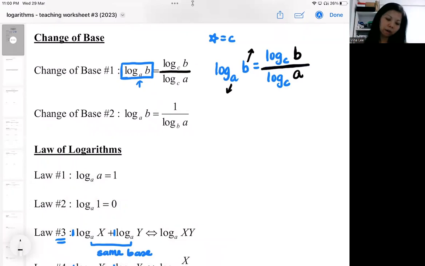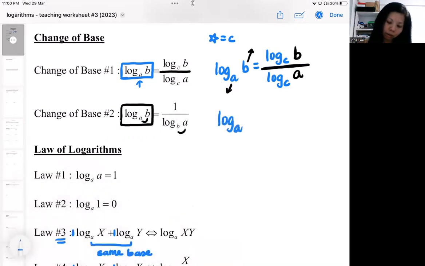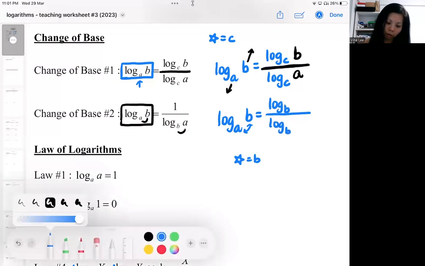In actual fact, there's a second formula here. If you look at the second formula, do you realize I swapped the position? In a way, this formula also comes from formula number 1. Sometimes you want to swap the position of the base, which means you want your base to be B. So you do a log base B first, and then you do a heaven and earth.